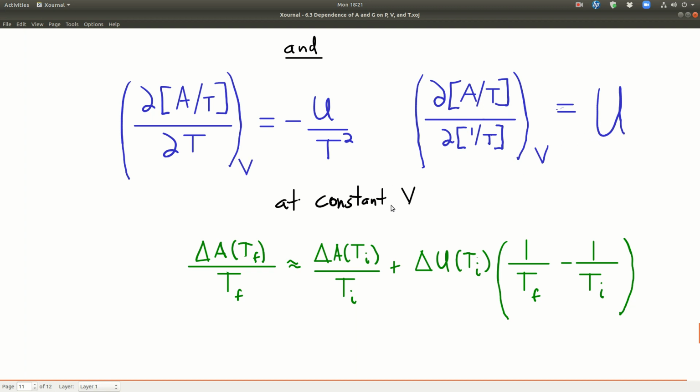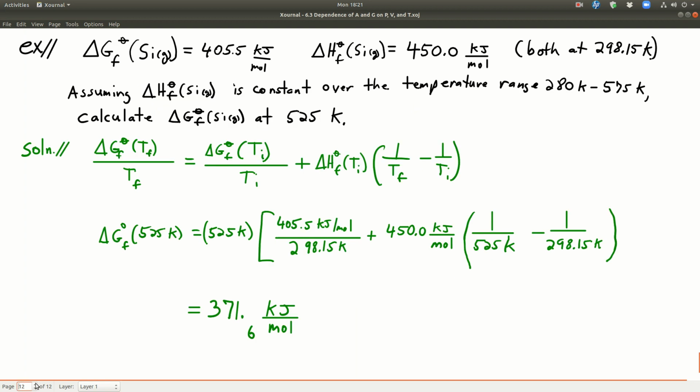At constant volume, we get the same sort of equation as for Gibbs energy. Delta A at the final temperature over the final temperature, approximately, just assumes that the internal energy does not depend upon the temperature over the temperature range of interest. Delta A at the final temperature over the final temperature minus delta A at the initial temperature over the initial temperature equals delta U at that temperature times 1 over T final minus 1 over T initial. You should also derive this yourself.